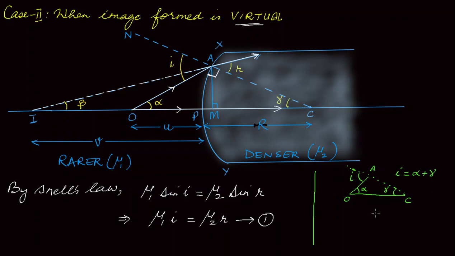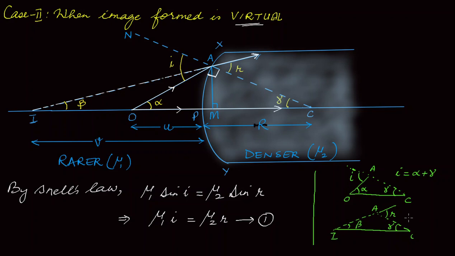Then again look at this triangle AIC. In triangle AIC, this is angle r, this is angle beta, this point is I, this is A, and this is C, this is angle gamma.